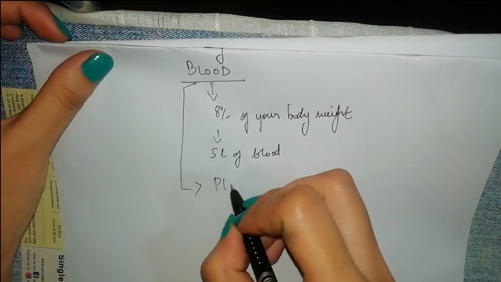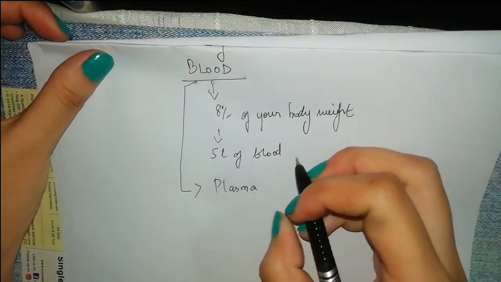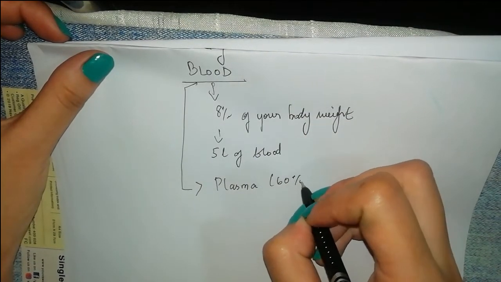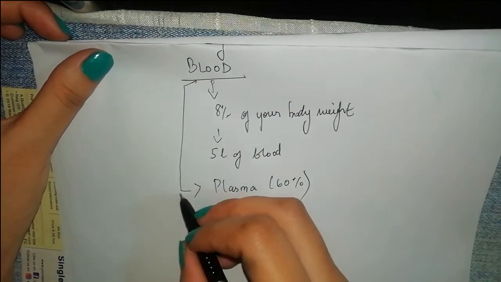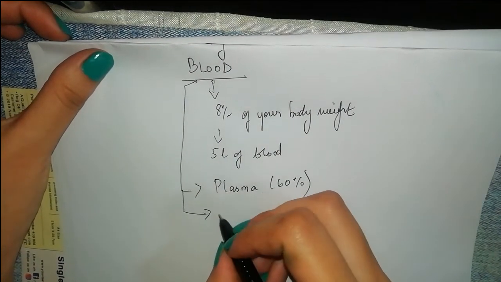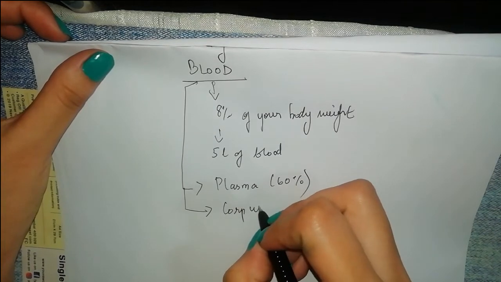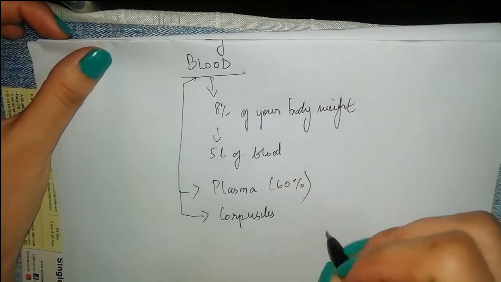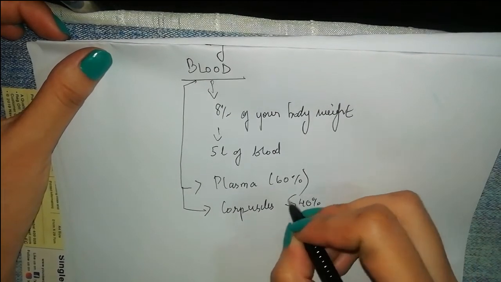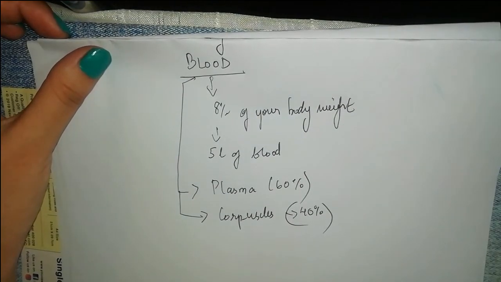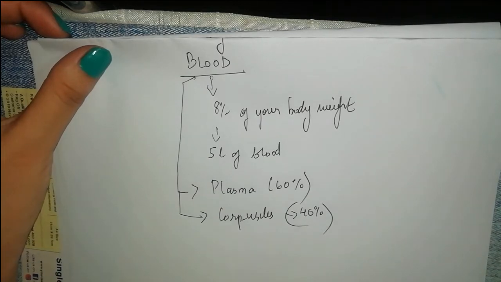First you have your plasma, which is around 60% of your blood. You also have blood cells, which are around 40%. So plasma is the fluid part, and the blood cells are the cellular part of your blood.